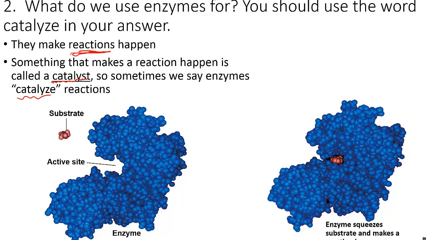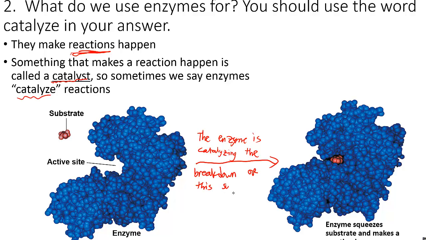So this enzyme is catalyzing the breakdown of this substrate, okay? Because after it puts the little substrate in there, a reaction is going to happen, and the substrate's going to change. But the enzyme stays the same.